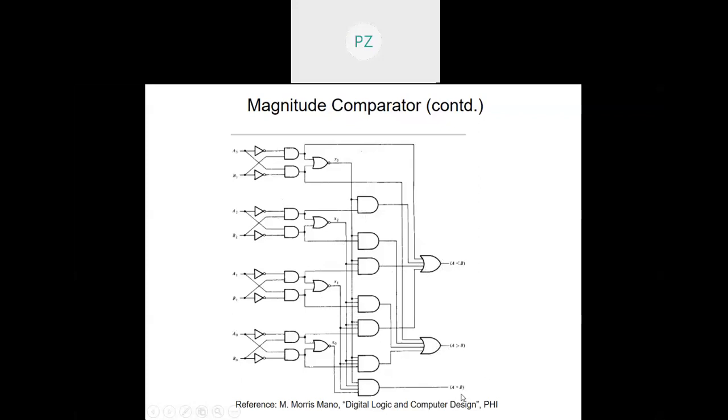And finally, A equal to B will have x3 and x2 and x1 and x0.